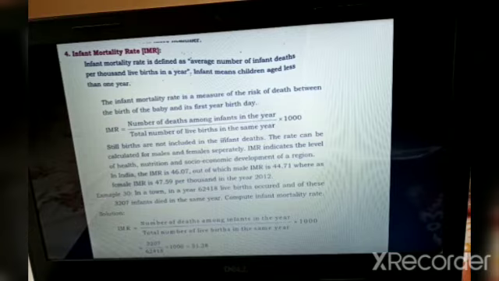The formula for infant mortality rate is the number of deaths among infants in a year divided by the total number of live births in the same year, into 1000. Stillbirths are not included in infant deaths. The rate can be calculated for males and females separately.